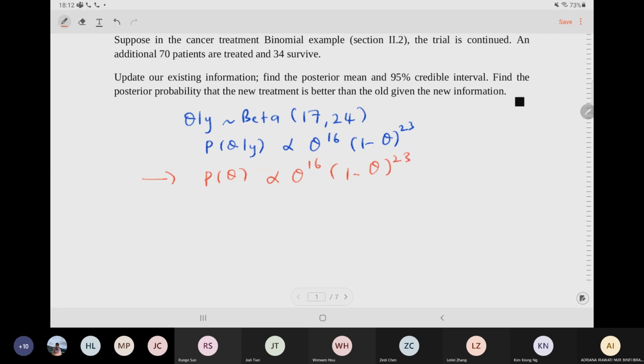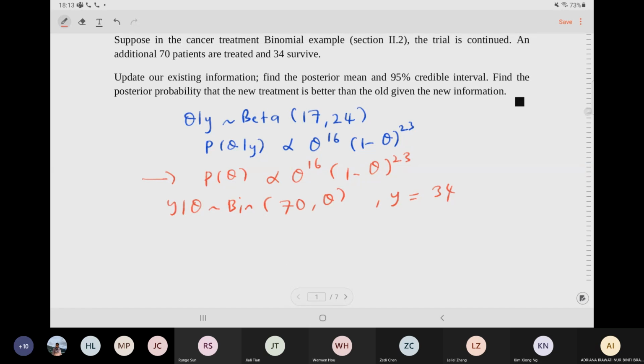So you have your new data, which is binomial with n equal to 70 and parameter theta. In this data, Y is 34.